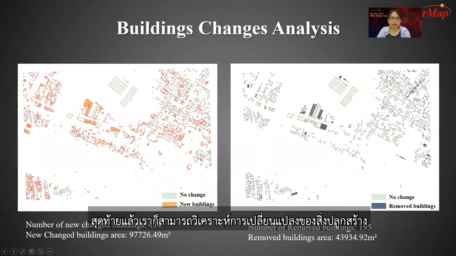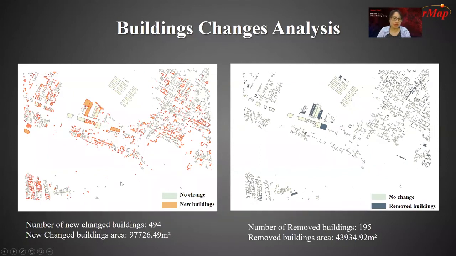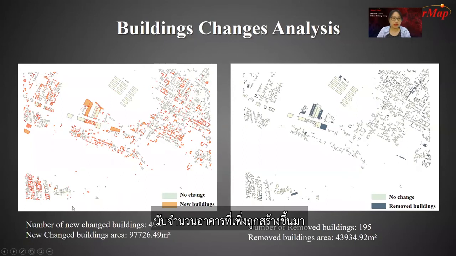So finally, we can analyze the building changes. We can get the number of newly changed buildings and the errors of new changed buildings, and also the number of removed buildings and the removed buildings error.